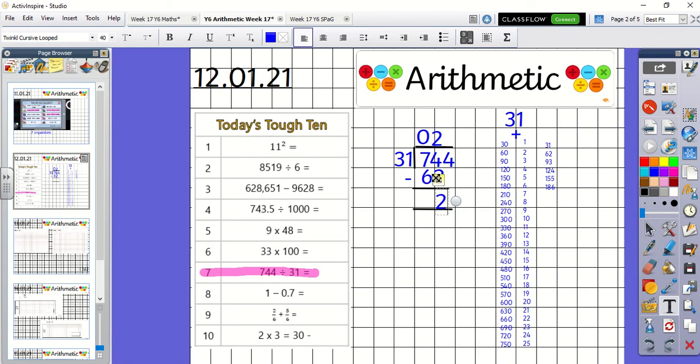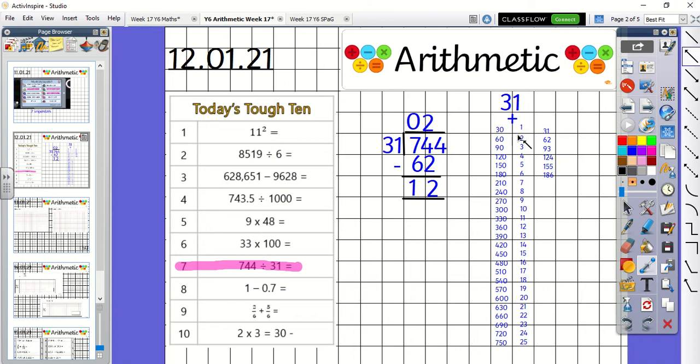And then 7 subtract 6, I know the answer is 1. Now I can't forget what the next step is that I need to do.